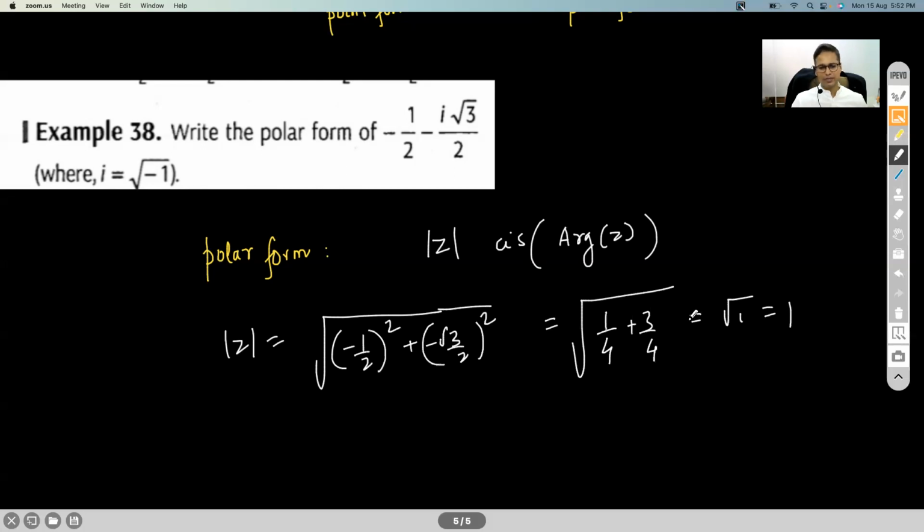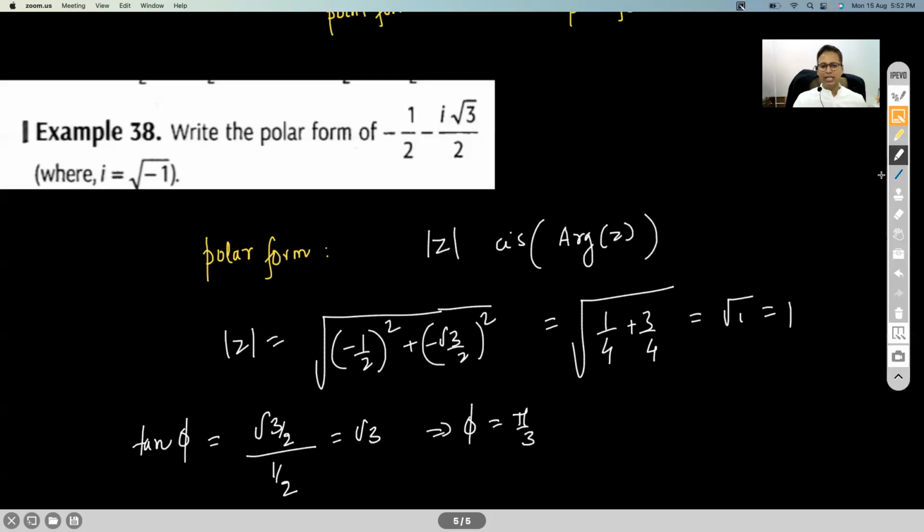Under root of 1 is 1. And I'll be using my shortcut way to find the argument as well. So first let me find phi. Tan phi will be mod b by mod a, so that's going to be root 3. So phi is going to be 60 degrees.